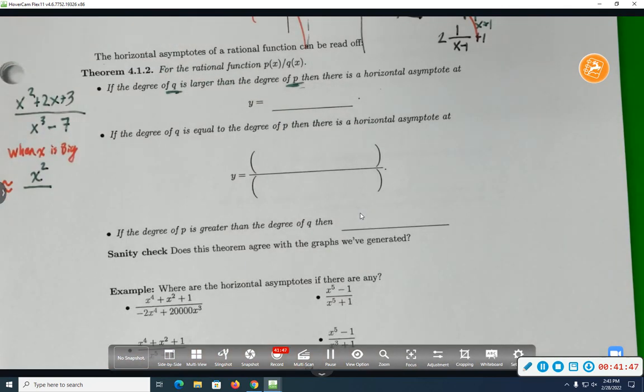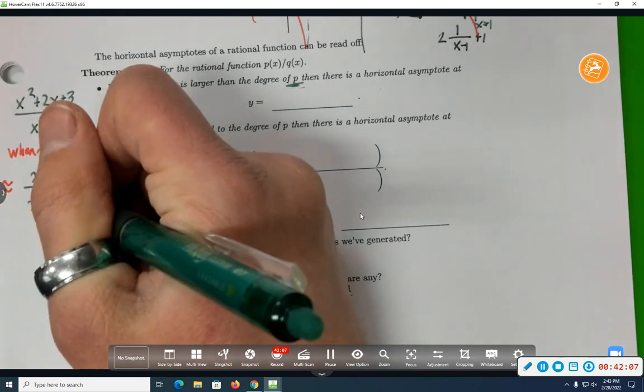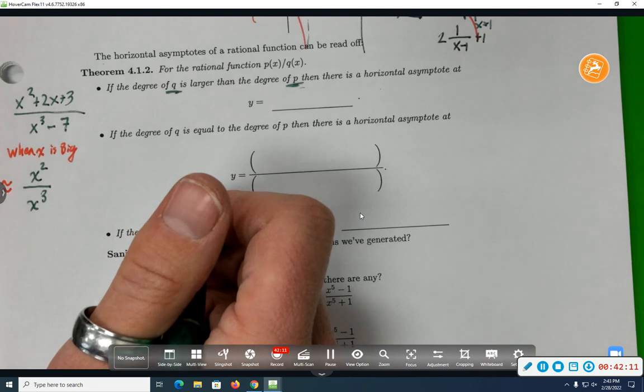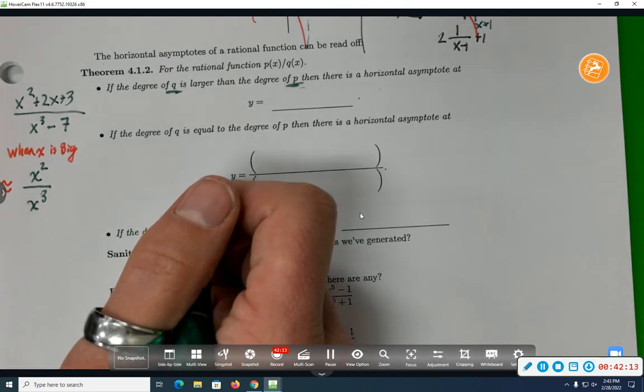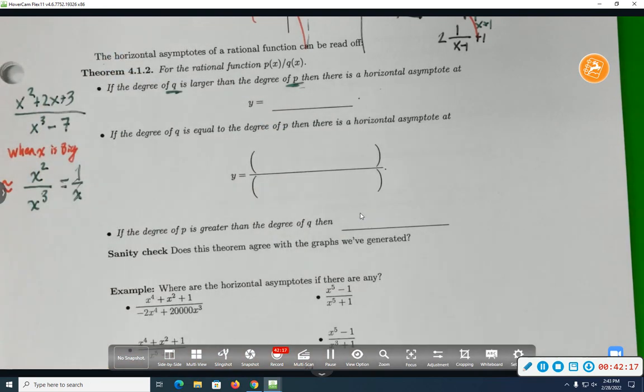By the same rationale, what is the denominator close to when x is really big? Does that 77 make a difference when you plug in 10 to the 10th? No, nothing noticeable. So this is basically x squared divided by x cubed. What does that simplify to? Just 1 over x.